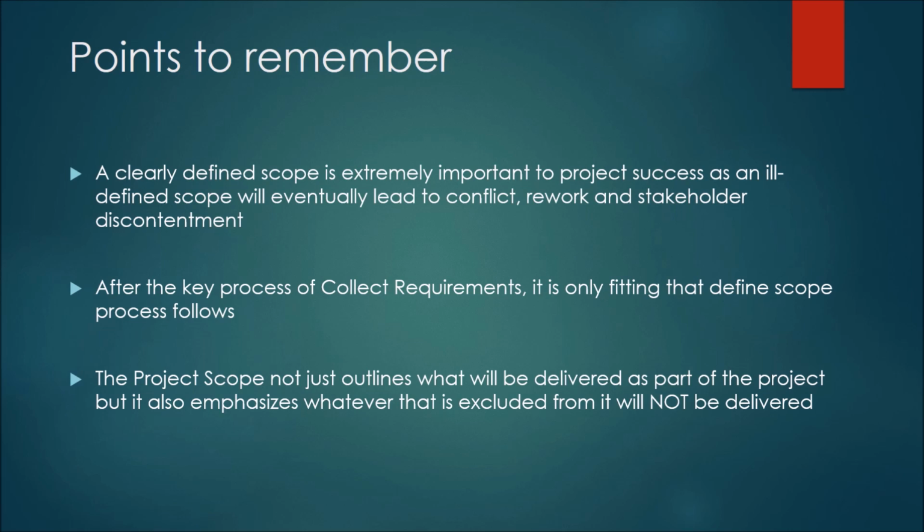When we were talking about drawing the boundary of the project, what that boundary is, is basically what the third point says: the project scope is not just outlining what will be delivered as part of the project, but it also lays emphasis on whatever is excluded from the scope, which will not be delivered.